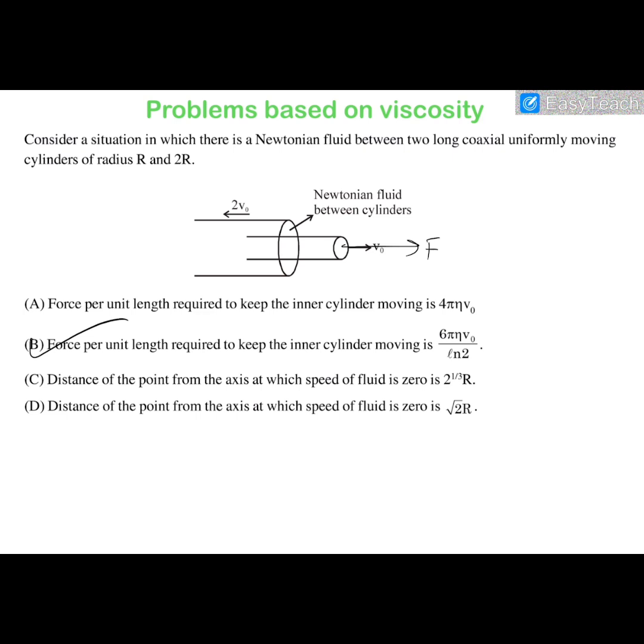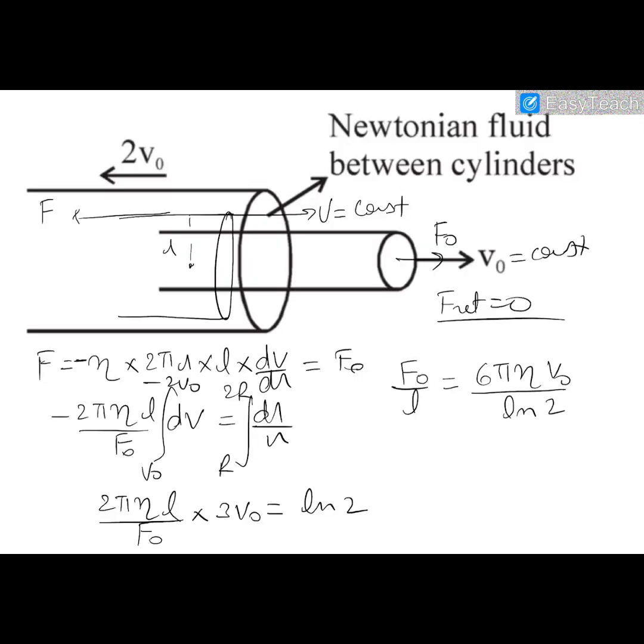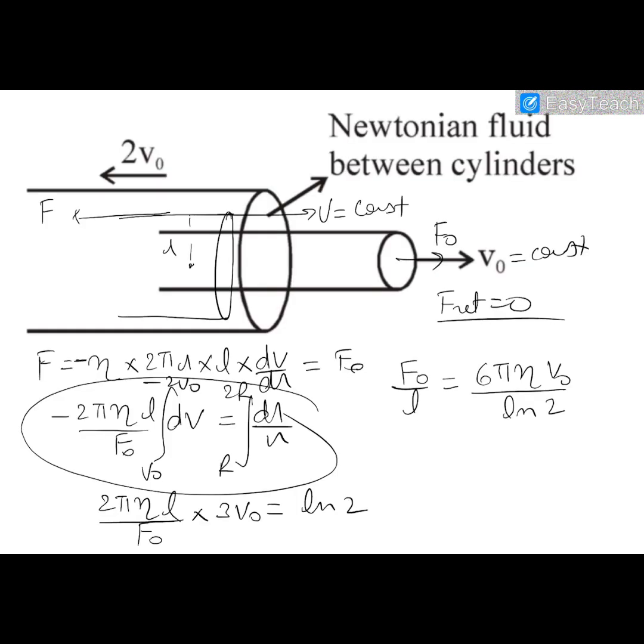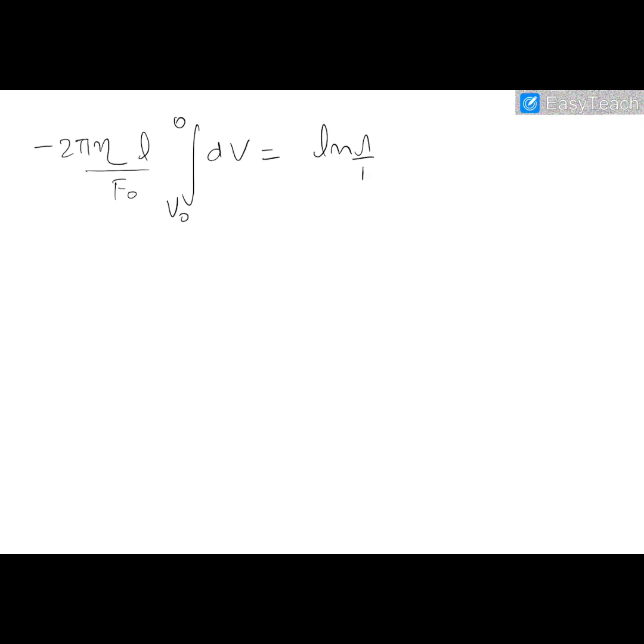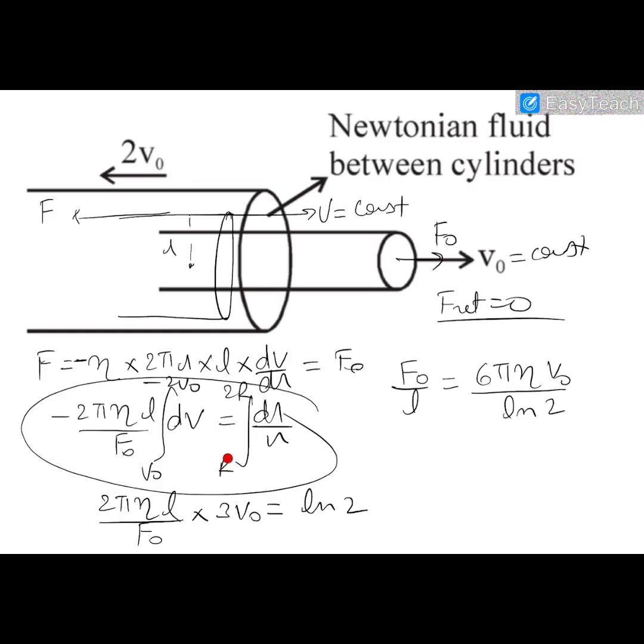And now we have to find out the distance from the common axis where the velocity of the fluid will be 0. To find the distance, we integrate this term again. Minus 2 pi neta L by F0, and the integration of dv will be from v0 to 0, and it will be equal to ln r by R, because now the limit will be from capital R to small r.